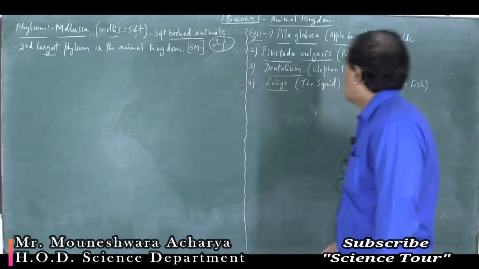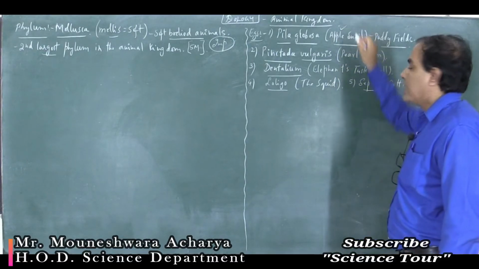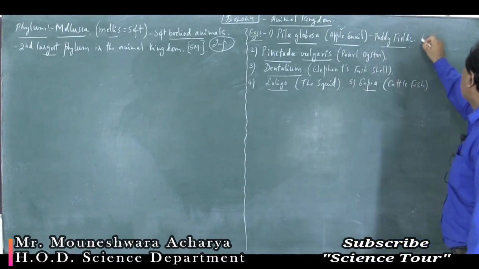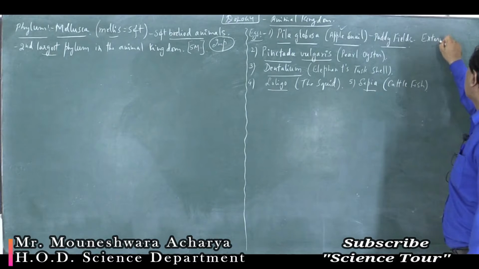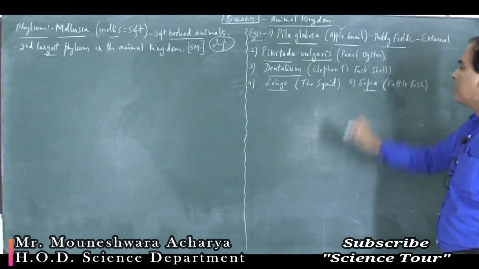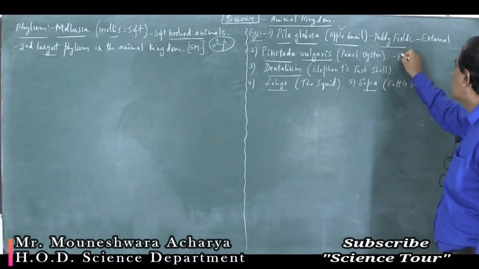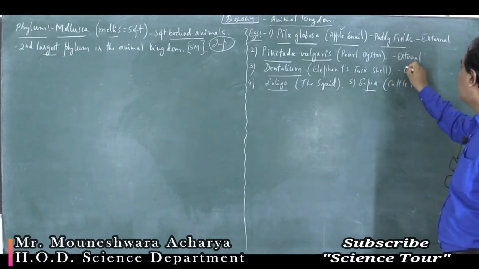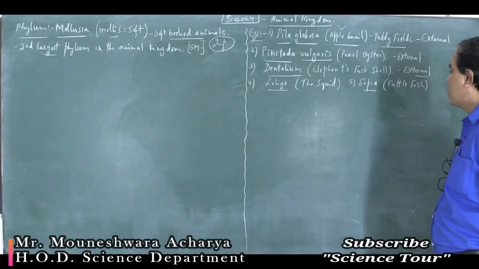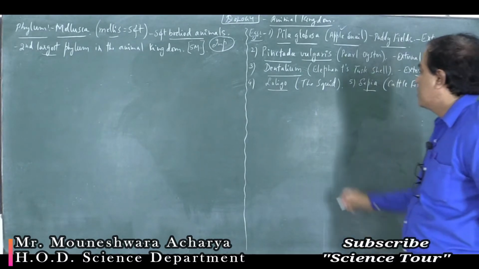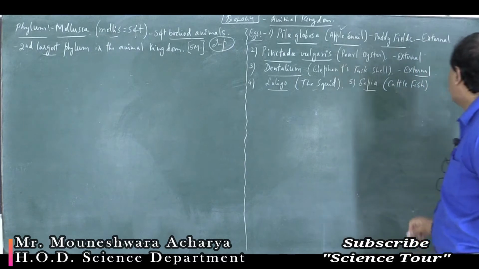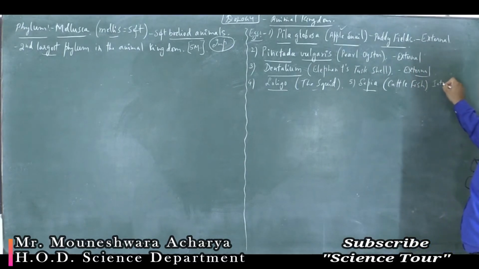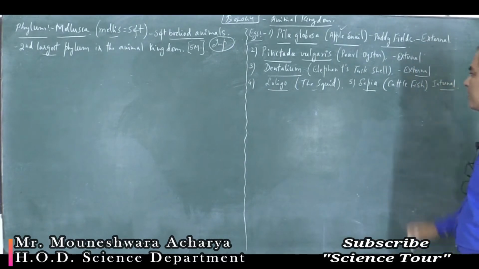So Pila globosa, the apple snail, the shell is external, present outside the body. Pinctada vulgaris, it is external, outside the body. Dentalium, it is external, outside the body. Loligo, the squid, they don't have a shell. Sepia, cuttlefish, it is inside the body, internal.